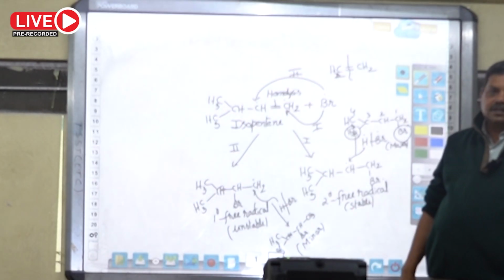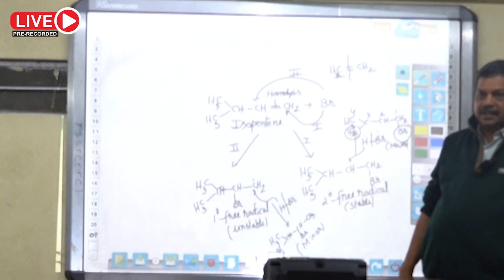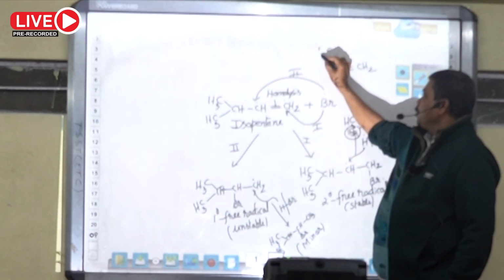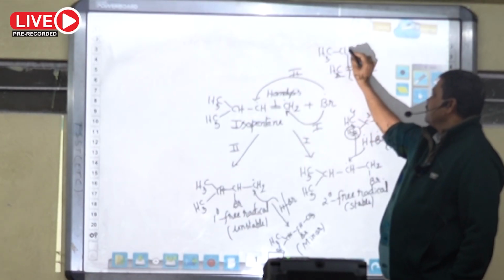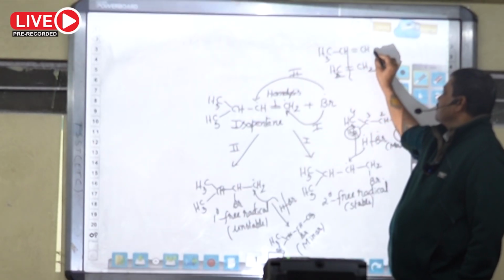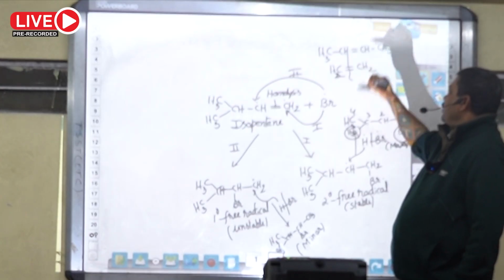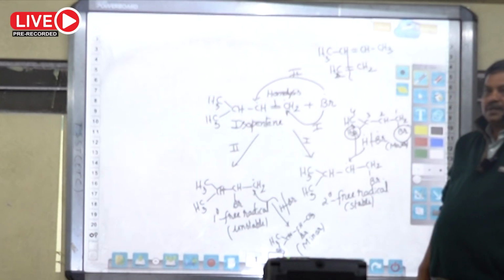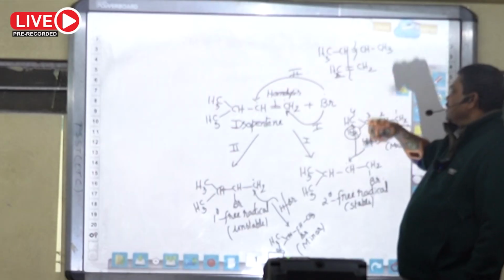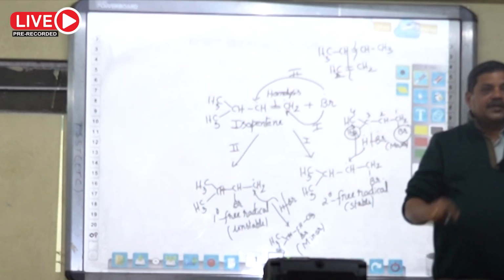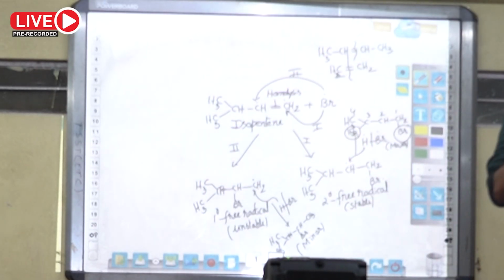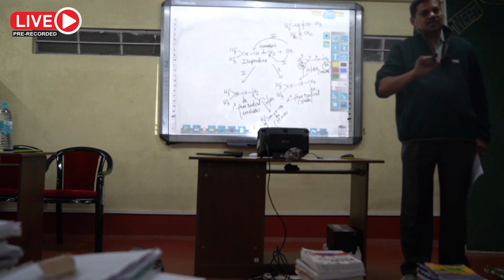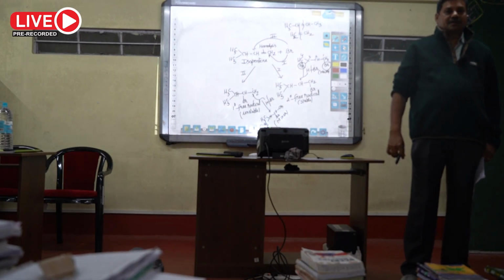It is a symmetrical alkene. If we take 2-butene, it is also a symmetrical alkene. So for symmetrical alkenes, Markovnikov and anti-Markovnikov rules are not applicable.